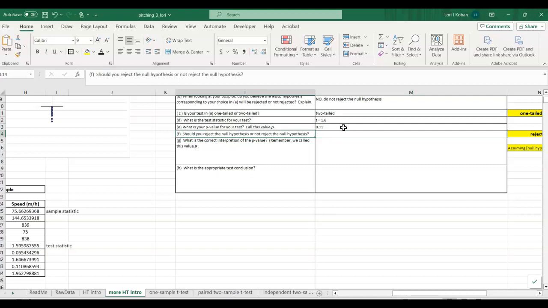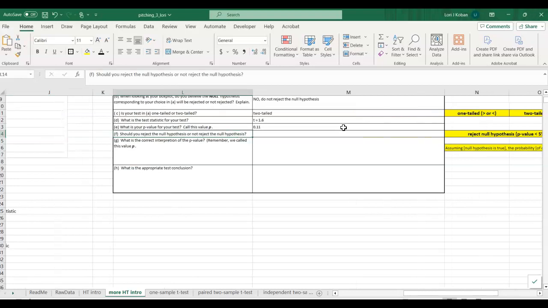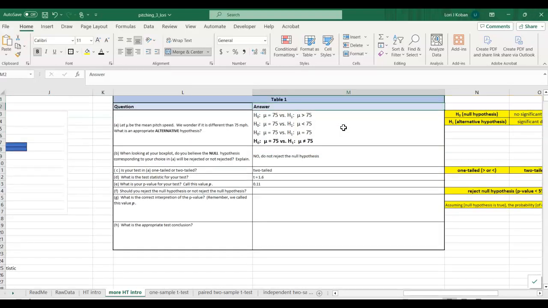Should you reject it? Well, we're going to reject if the p-value is less than 5%. So what this is saying is, even if the null hypothesis is true, we're going to see data like what we saw in our sample 11% of the time. That's not unusual. So should we reject it? No. It's not bigger than 5%. Do not reject the null hypothesis.